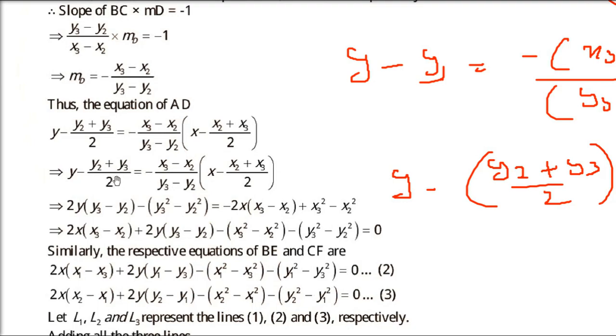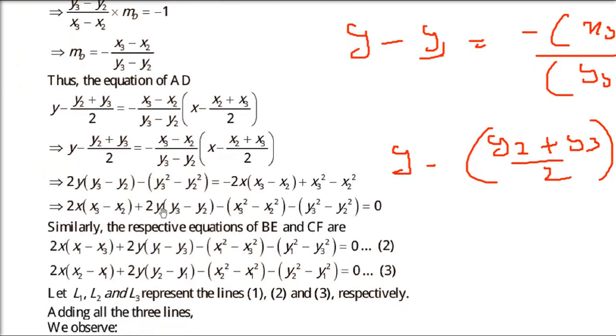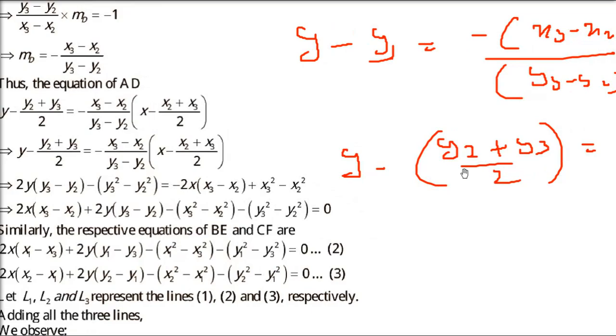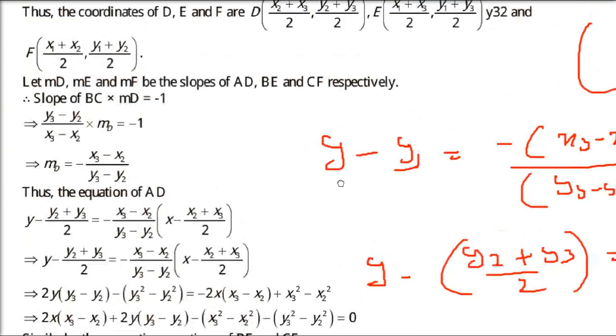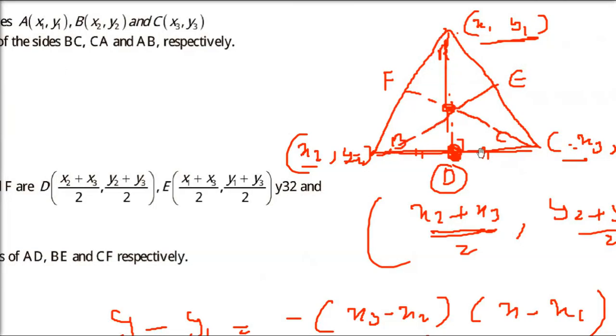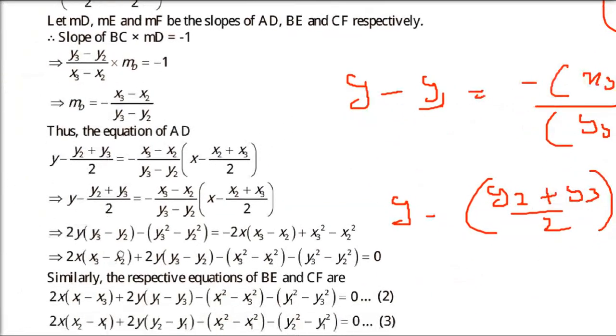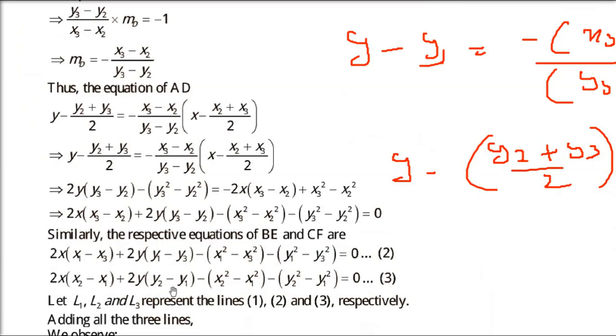When we rearrange, you are going to get a big equation that would not be there if we had taken y1 and x1. So this equation is there. One equation I told you; the second and third equations you have to find out exactly like this. This is the second line, this is the third line.